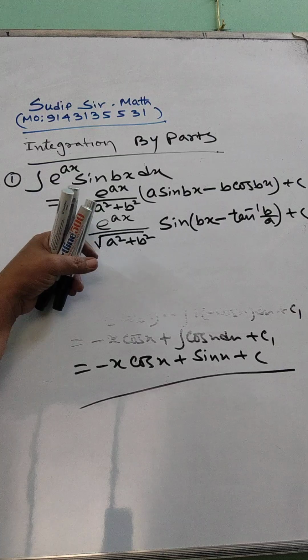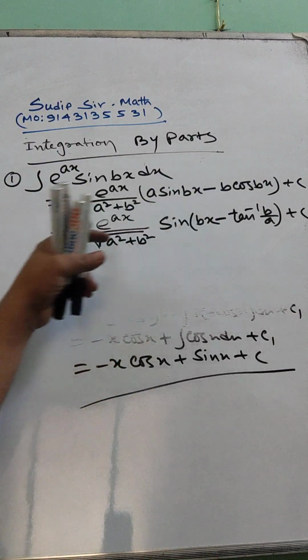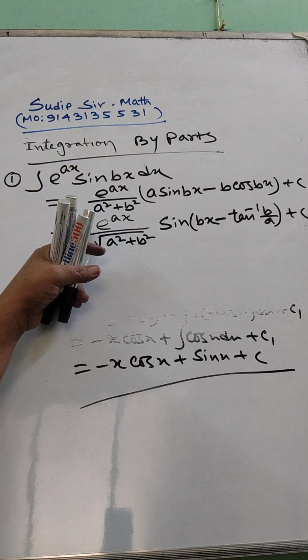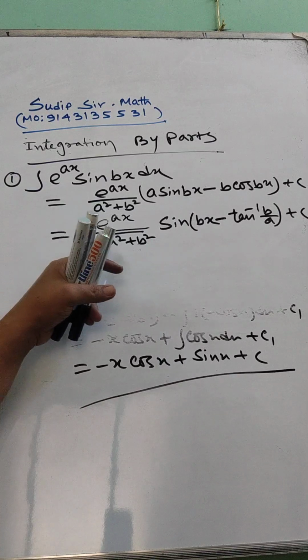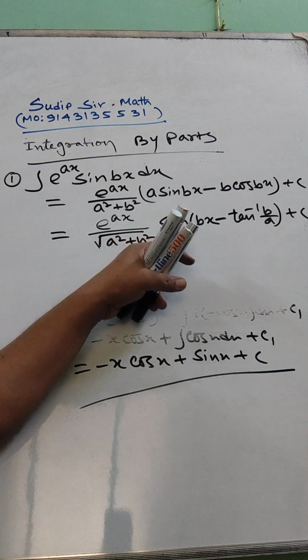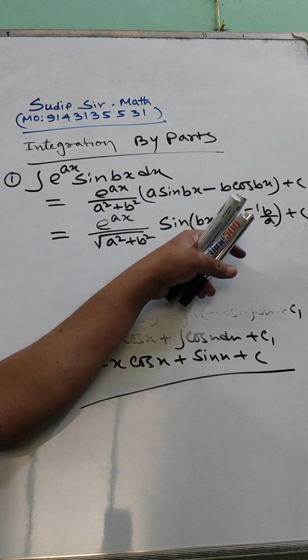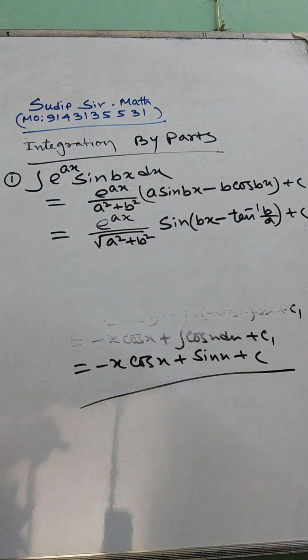Like this, if we simplify this, we can get e to the power ax root over of a square plus b square into sin(bx minus tan inverse b by a).